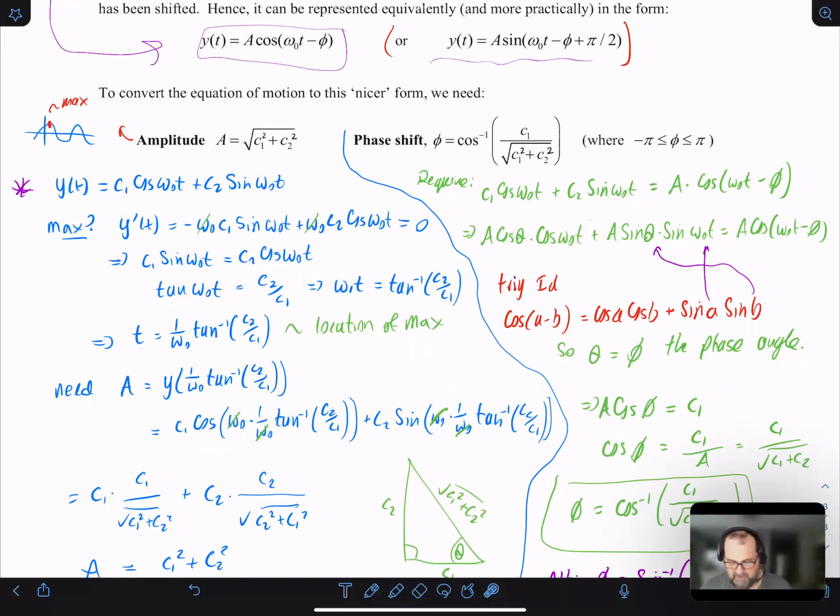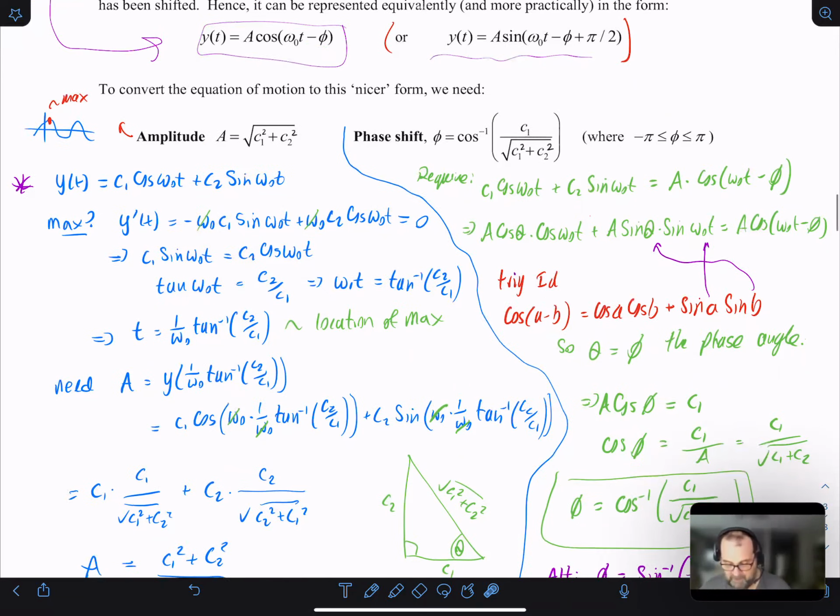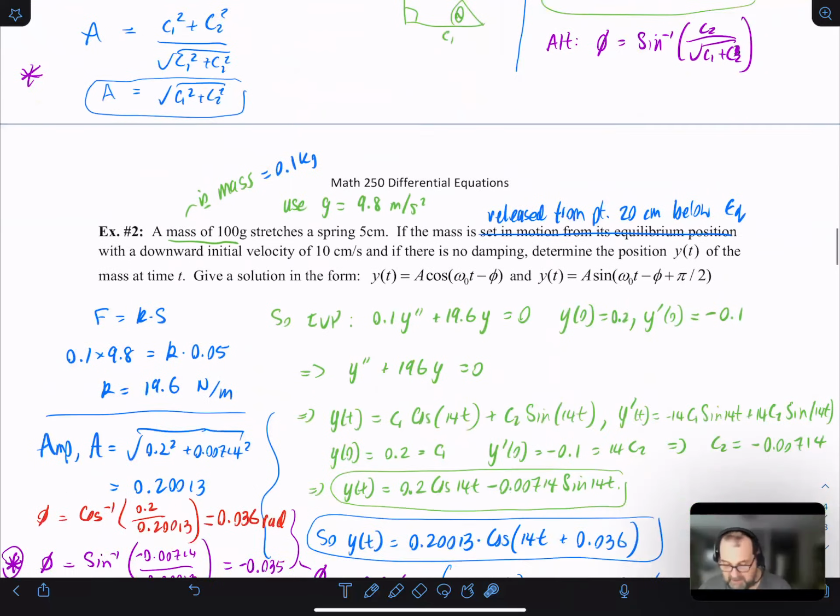And once you know that, then you have your phi angle, and then you can plug it in. This is written assuming negative here, so watch out for the sign. If phi is positive, it's minus. If phi is negative, it is plus. So you can plug that in. All right, so that's the idea.